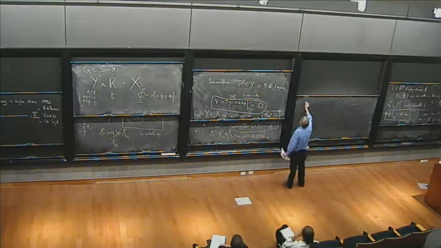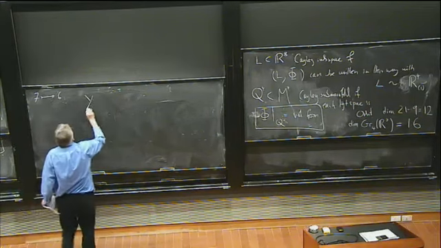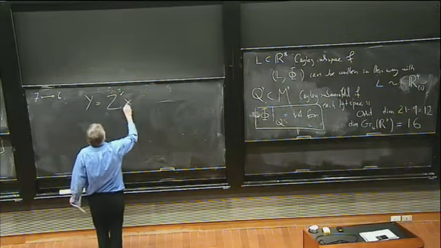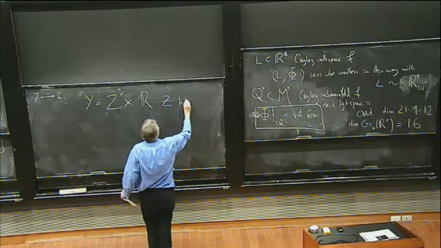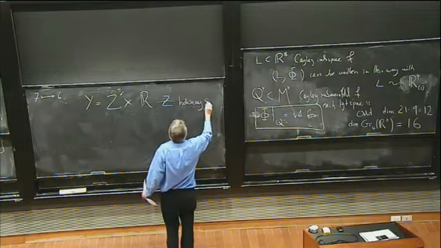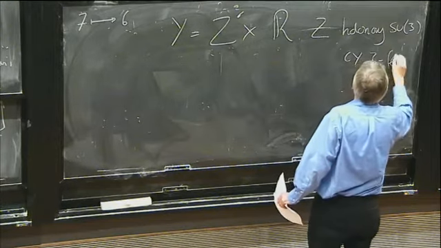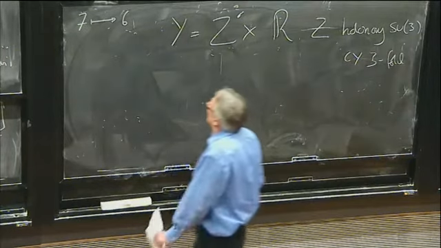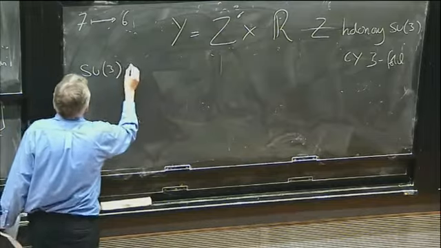So we did 8 to 7, now we're doing sort of 7 to 6. If Y is equal to Z6 times R, Z has holonomy SU3, that is a Calabi-Yau threefold. This is, well, from the point of view of groups, we're saying that SU3 lies inside G2.